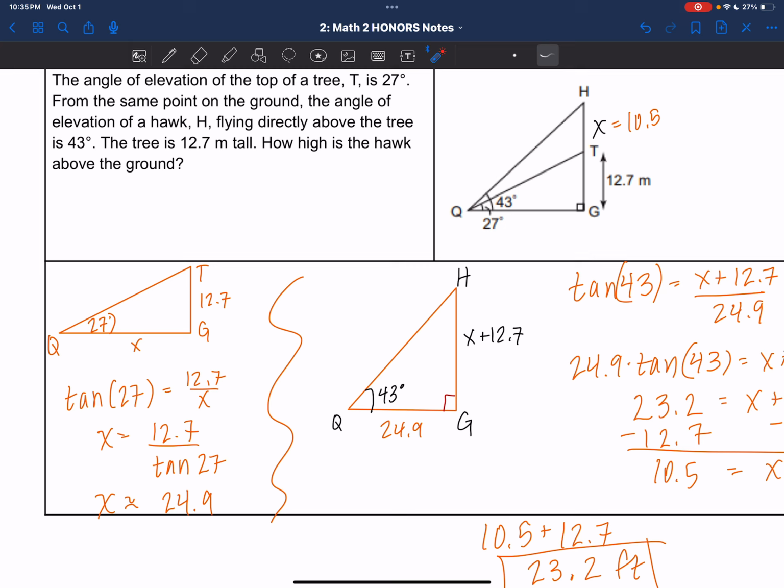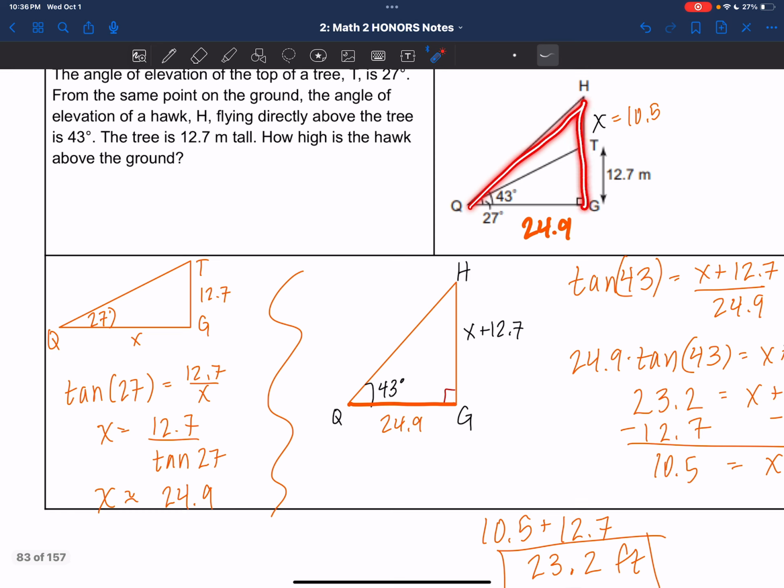So now that I know this is 24.9, which is this distance right here, now I can go back and I can use the big triangle, which is right here, to figure out what this total length is.